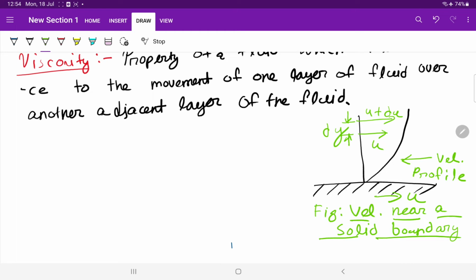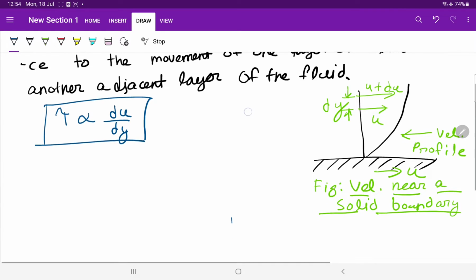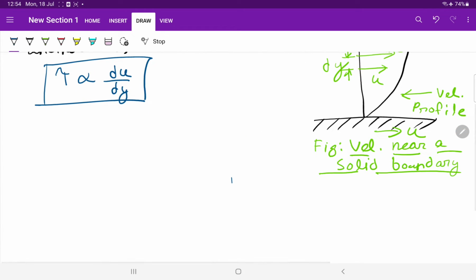Now we'll explain what this actually is. The relation we have to remember is tau proportional to du by dy. Everything depends on knowing what tau is.